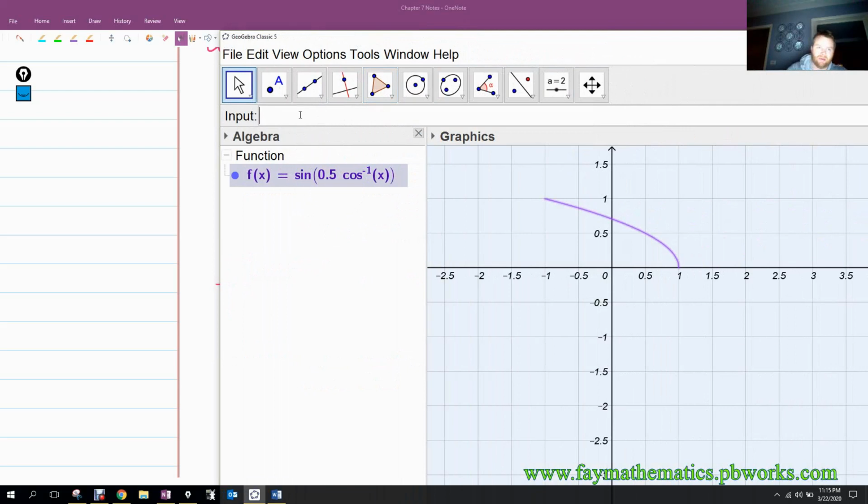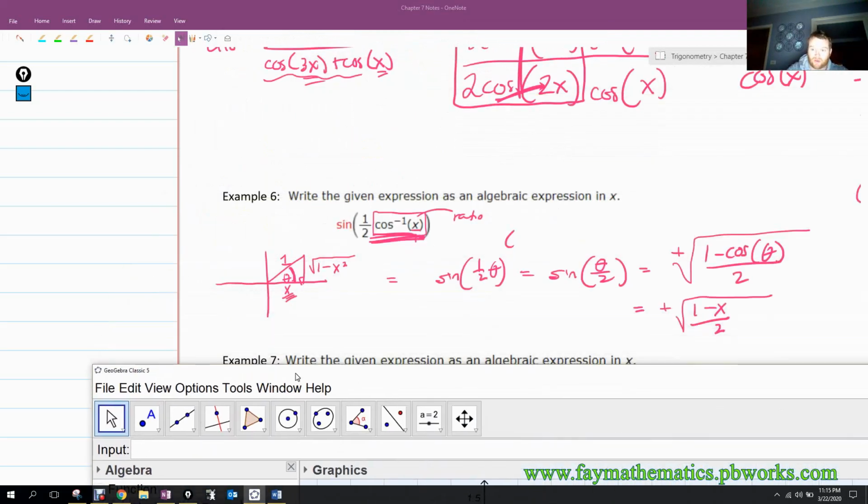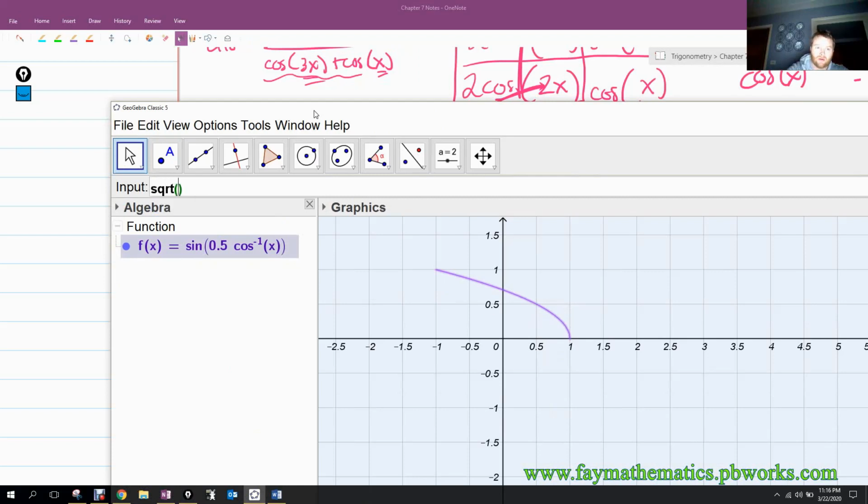Now I'm going to type in what we thought it was algebraically, which was the square root of 1 minus x. Okay, that's kind of looking like what we want. But remember, we have to put that over 2. And we get that.